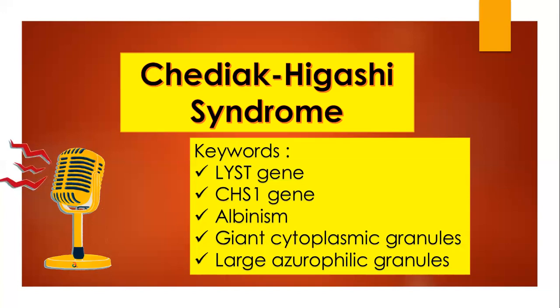Not only in the neutrophils, but you can also observe these large azurophilic granules in the monocytes, the lymphocytes, and the eosinophils on the peripheral blood smear.